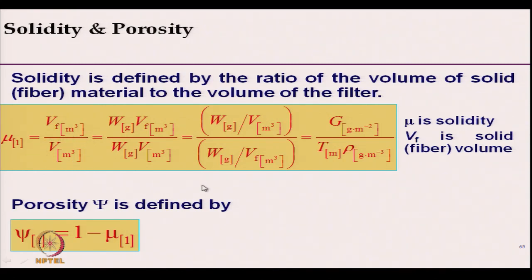Finally, it comes out to be grammage by thickness, divided by the density of fiber. From there we can calculate the solidity, and porosity is basically 1 minus solidity. That way we can calculate the solidity and porosity.